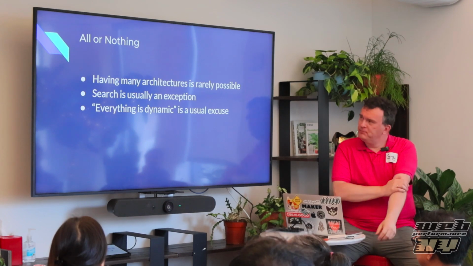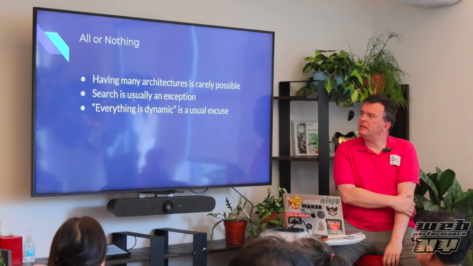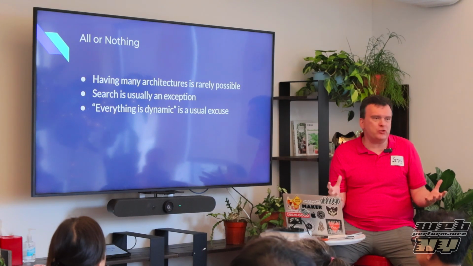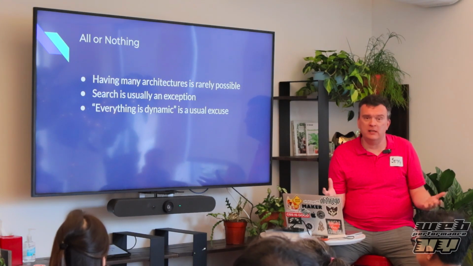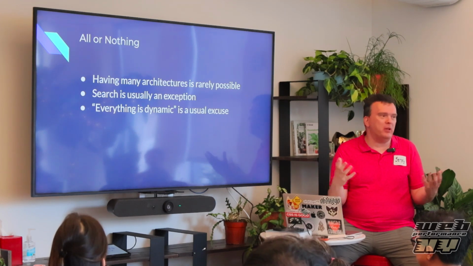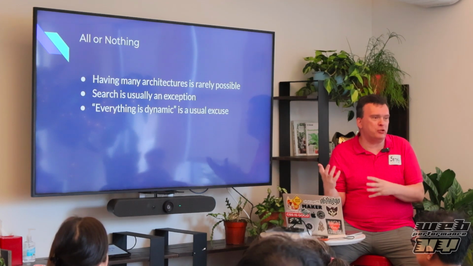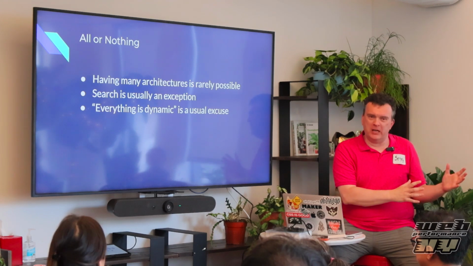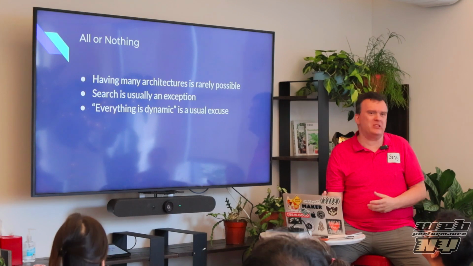So, as I said, having many architectures within one system is very hard. Usually we pick a few. Search is a good exception to the rule. Search architecture is very different from regular web application architecture. The indexing happens very differently.